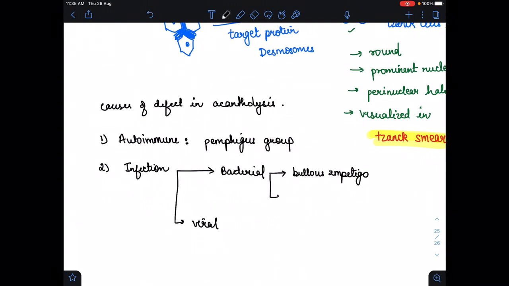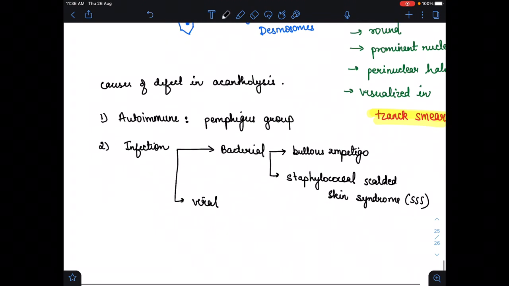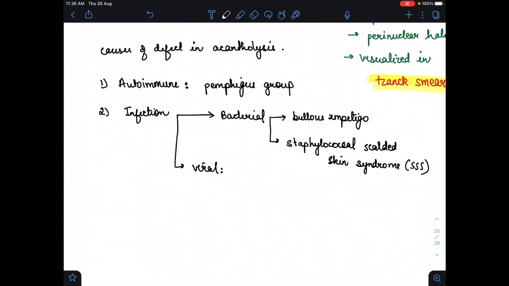The second bacterial cause is staphylococcal scalded skin syndrome, or SSSS. And the viral cause is the herpes simplex virus.